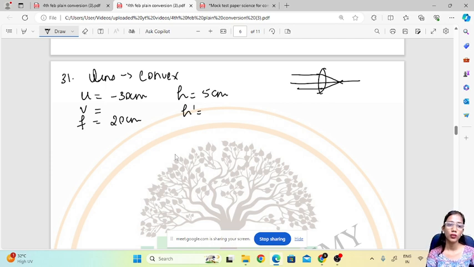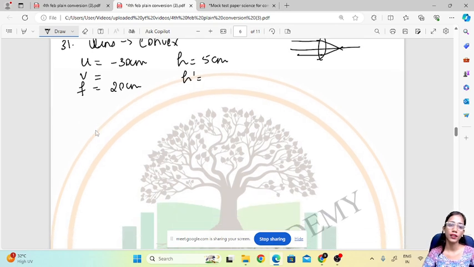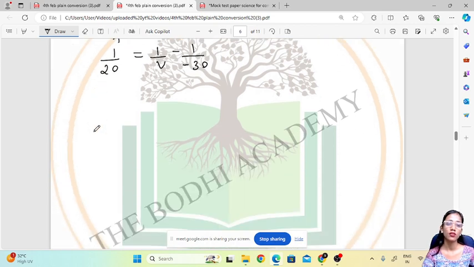Okay, so now we have to first find v. So using the lens formula, let's find v. Lens formula is 1 upon f is equal to 1 upon v minus 1 upon u. Now 1 upon v is what we have to find. 1 upon f is 1 upon 20, 1 upon minus 30. So how is this solved?